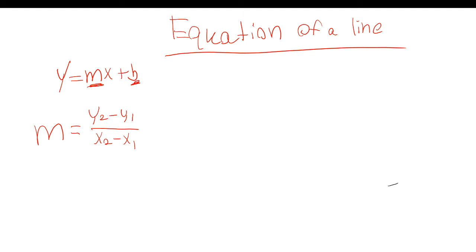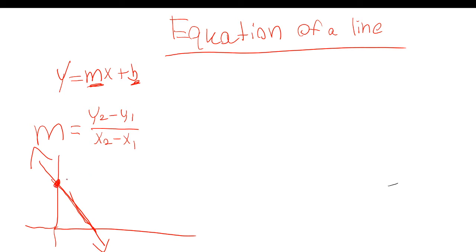Essentially, if I have a line on our Cartesian plane, let's just call it a straight line. The b is where it cuts the y-axis right here.